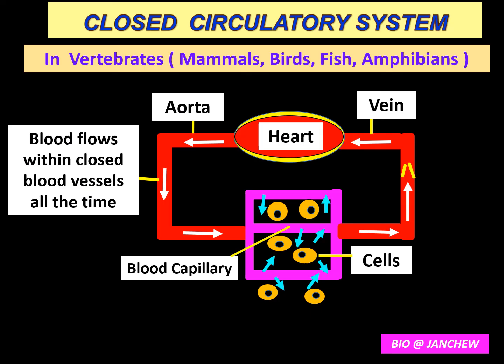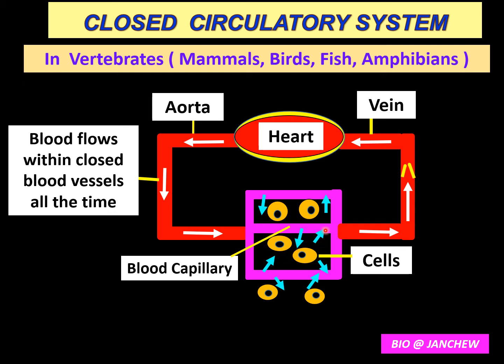This picture shows you the closed circulatory system. Here we see there's a heart. The heart pumps the blood into the aorta. Blood flows within the closed blood vessels all the time, and the blood vessels may branch out to form the blood capillaries. See, and then certain components of the blood will be filtered out into the intercellular spaces, and then the oxygen from there will diffuse into the cells.